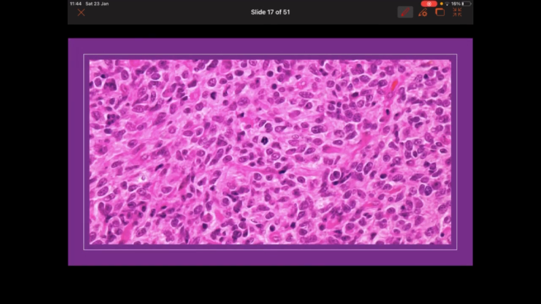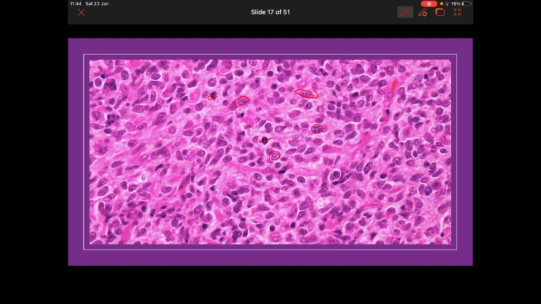This is a closer view of anaplastic astrocytoma. Here we can appreciate there is a presence of mitosis. Mitosis is easily seen. This is mitosis, and the cells are very pleomorphic with coarse chromatin pattern. The background is still fibrillary because they are astrocytic tumors.